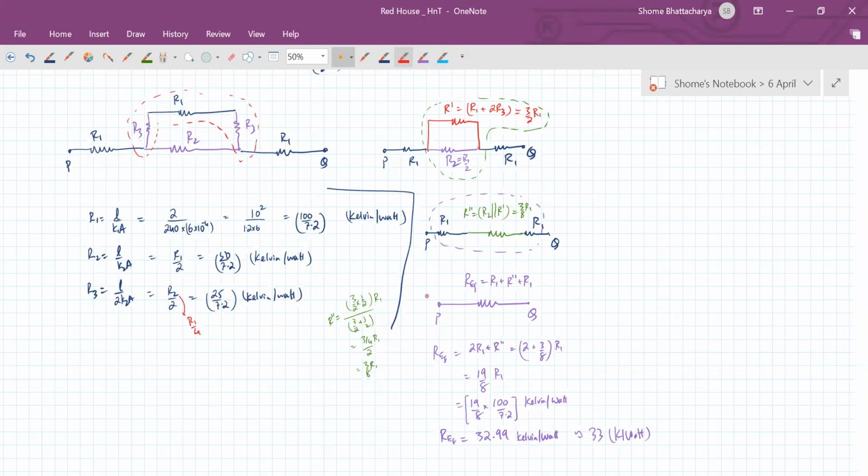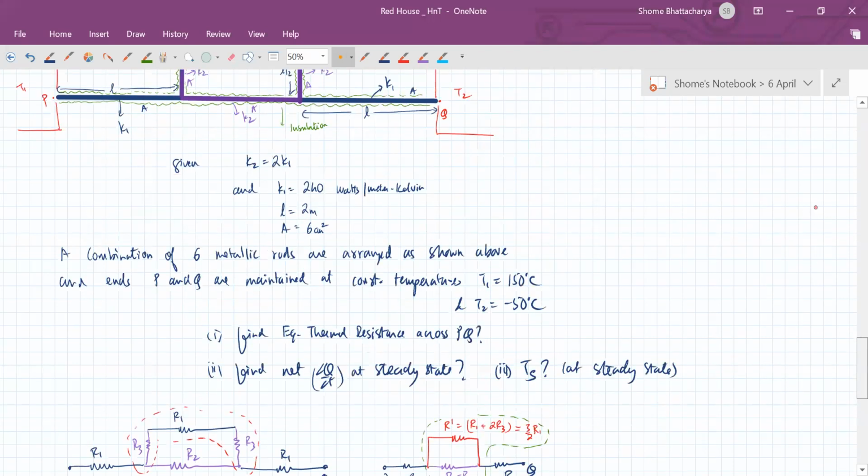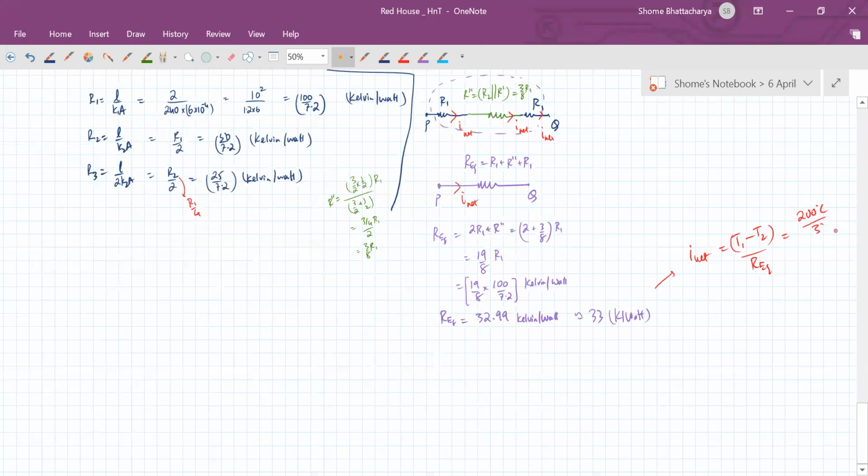All right. So now my equivalent current. Okay, that will be the same as the current in this. So the net current is nearly 6 watts.